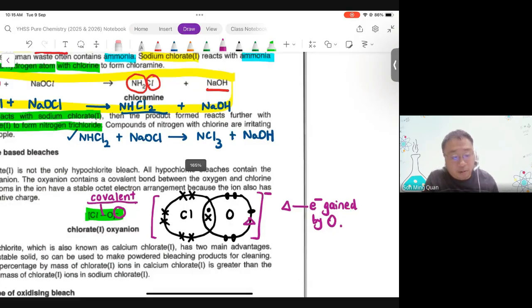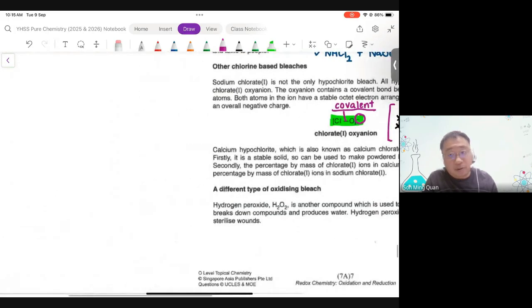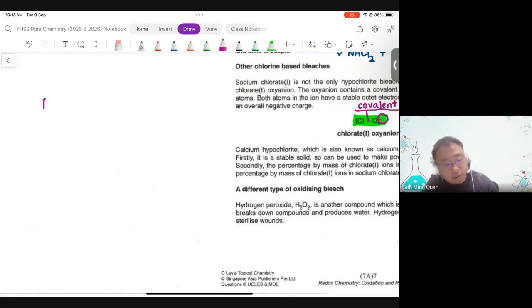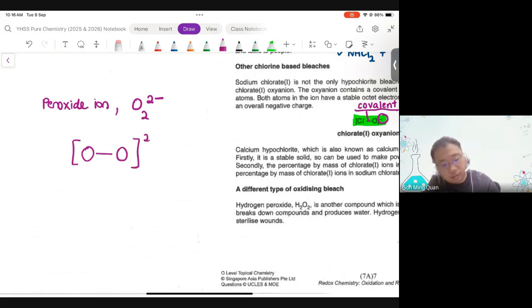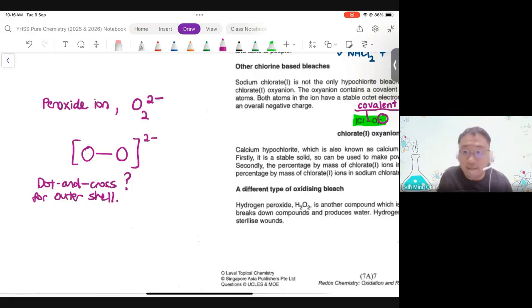Now, before we move on, there's some space probably. I want all of you to try this. This is the peroxide ion. Can you draw me the dot and cross diagram for the outer shell? So I want everyone to work on this now. Draw on your paper or somewhere and then send it to me. What is a dot and cross for the peroxide ion? I've given you the structure. Can you translate this into dot and cross? So start now.